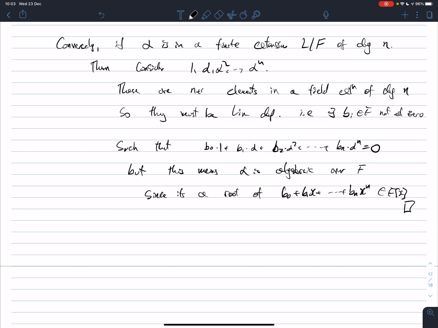Great. So here's a corollary, Corollary 1.3.16. If K over F is a finite extension, then it's algebraic.